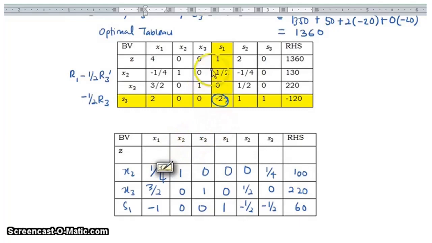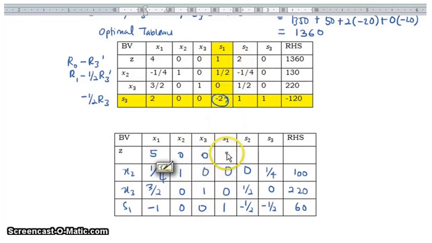Okay, now move to row 0. To change this coefficient to 0, the ERO for row 0 is row 0 minus row 3, new row 3. Okay, the coefficient of x1 in row 0 is 4 minus negative 1. So we get 5. 0 minus 0 is 0. 0 minus 0 also 0.